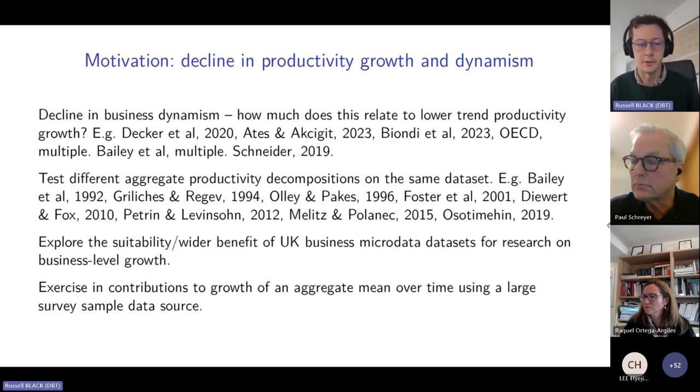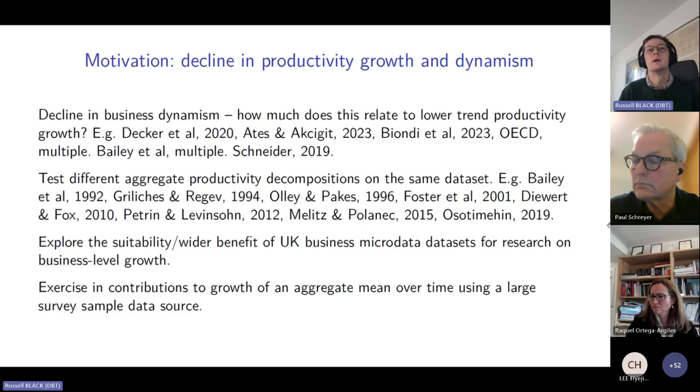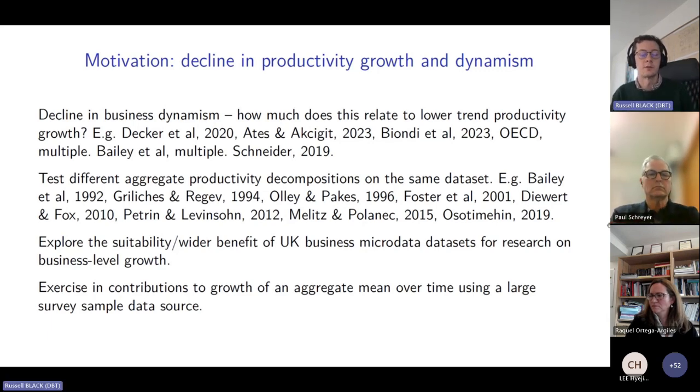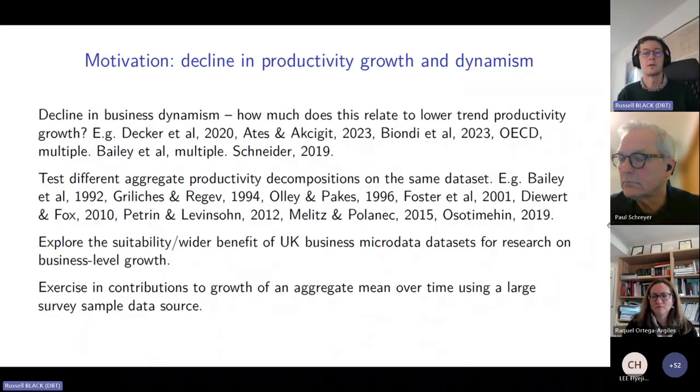The OECD MultiProd project and the CompNet project at the University of Halle. Bartelsman et al. is the latest one from that. They attempt to look at the decline in business dynamism and relate it to productivity growth for a large set of companies. And Decker et al. are the US Census Bureau researchers on this question in the US. So we're trying to look at the decline in productivity growth and the relationship to dynamism for the UK.